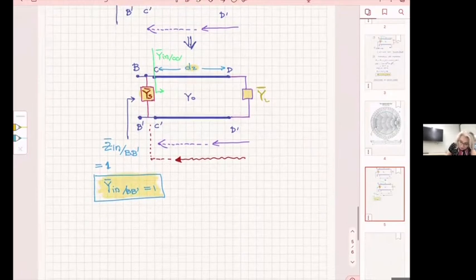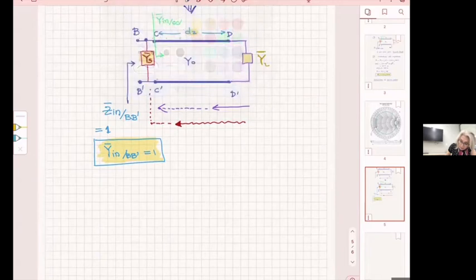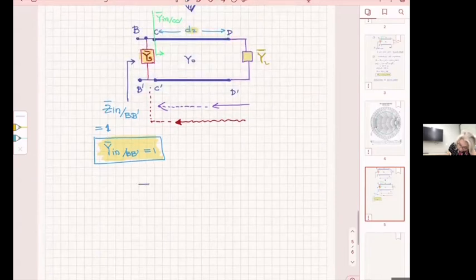Which means in this circuit, if I look only at this part of the circuit, what I will find is the following. I can write it as, if this is BB prime, CC prime, here we place YS, all right?